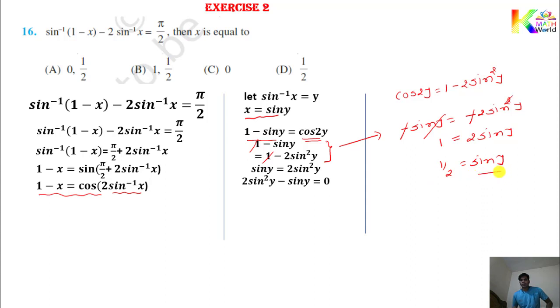Sin y is x, so you got x as 1 by 2. It means you got one answer, 1 by 2.